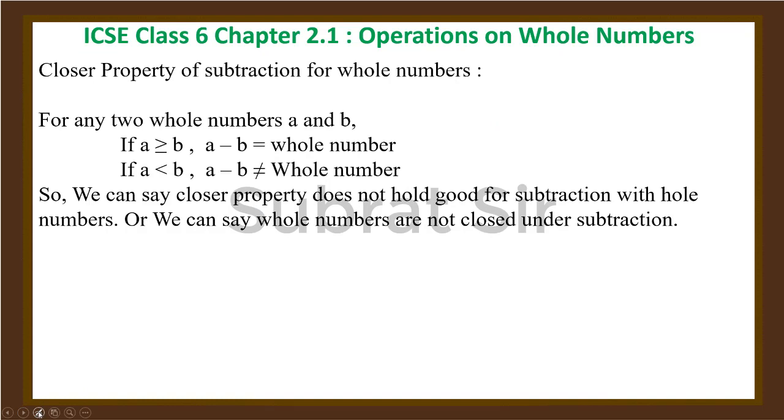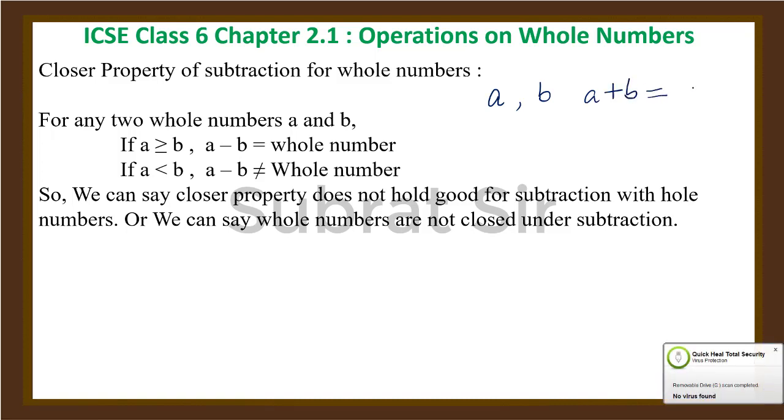In our last class, we have already discussed the closure property of addition for whole numbers, and we discussed that for any two whole numbers a and b, a plus b is always a whole number.